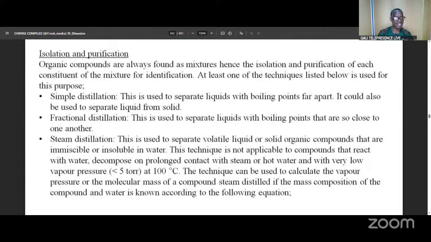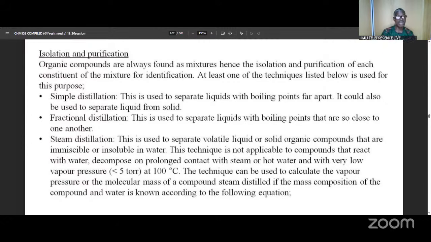Number three is steam distillation. Like I said, you may not have been aware of it before, but now, steam distillation is used to separate volatile liquid or solid organic compounds that are immiscible or insoluble in water. When you hear immiscible, you mean a liquid that is not soluble in another liquid.